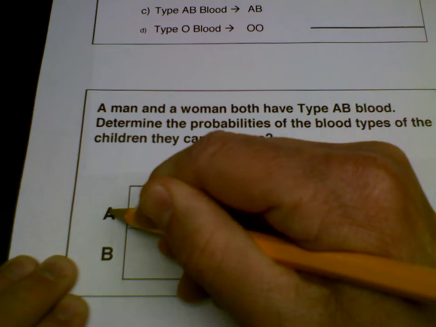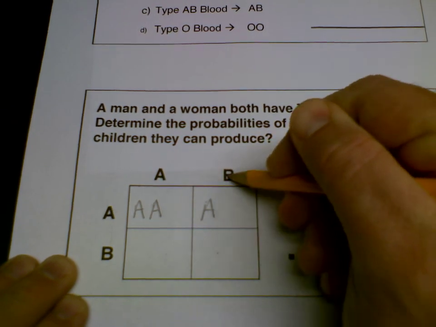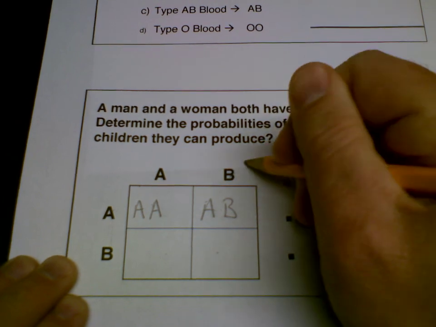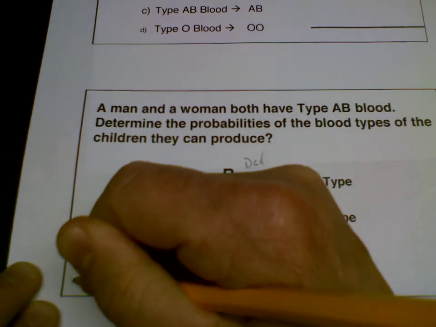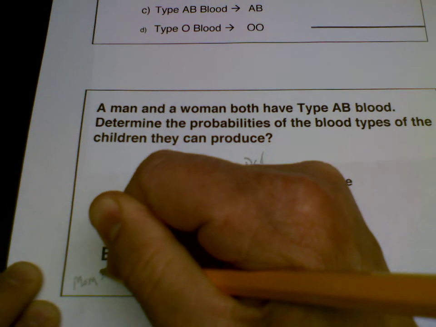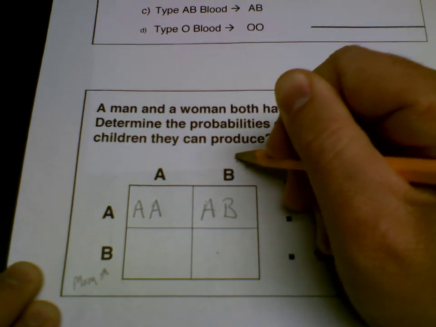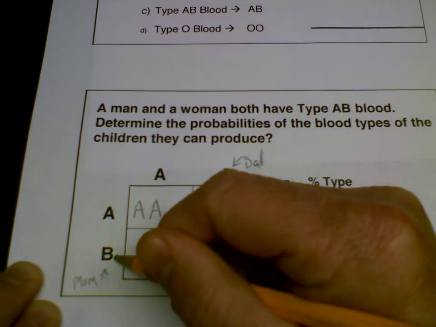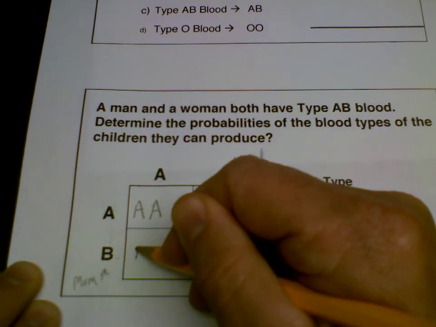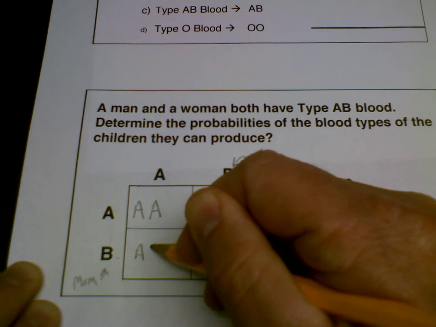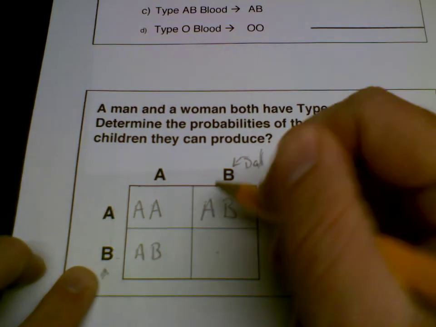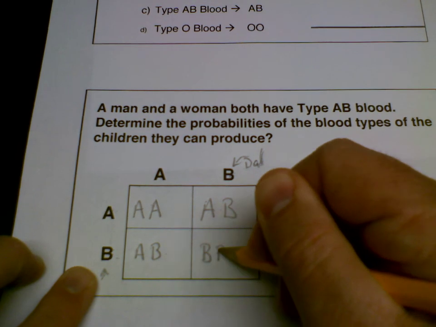Here would be A and B from, I think, did we say dad or mom up here? I don't know. We'll make that dad. We'll make this mom. Okay, so there's dad, there's mom. Dad for here is giving A, and mom is contributing the B allele. And over here you could see BB.